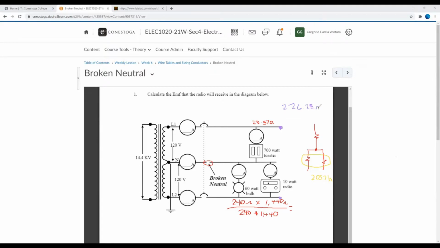Now that we know the total ohmic value, we take our 240 volts, which is the applied voltage with the broken neutral, divide by it, and that gives me 1.06 amps.